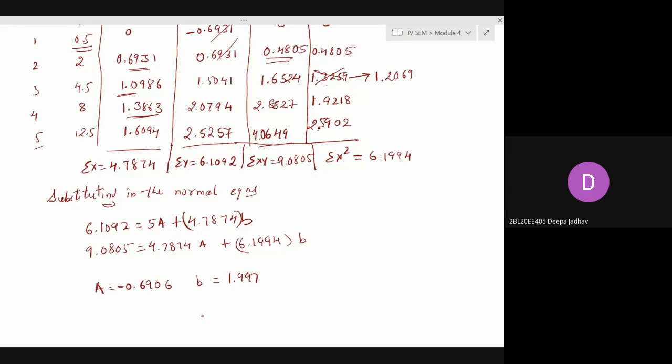Yes, anybody else? Madam, B value is 1.999, that's almost equal to 2. Others? Then what is A? Where the answer will also change.